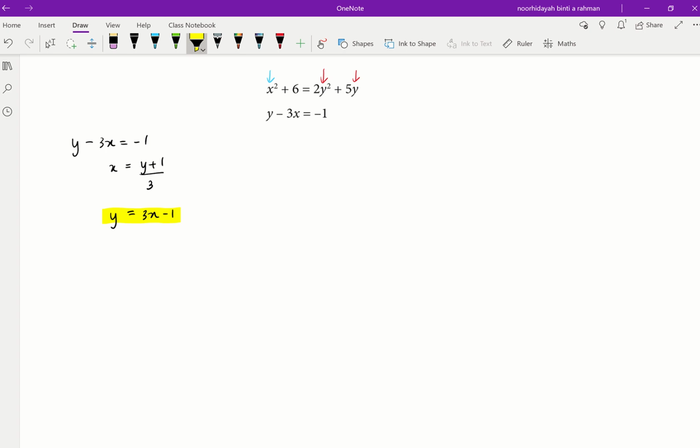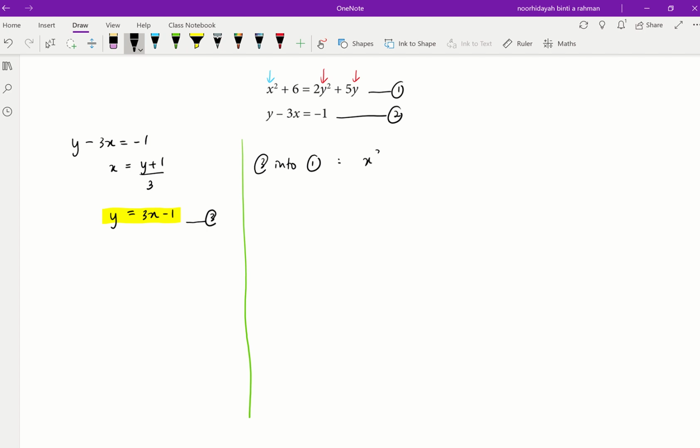I'm going to name this equation 1 and this is equation 2. So our y here is the third equation. Let's start the solution. Let's substitute our third equation into the first equation.